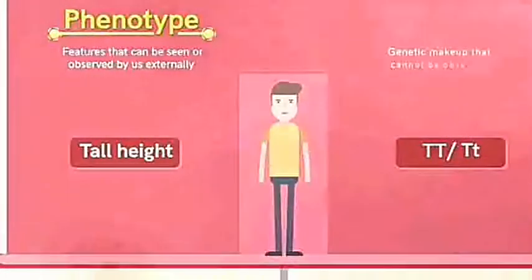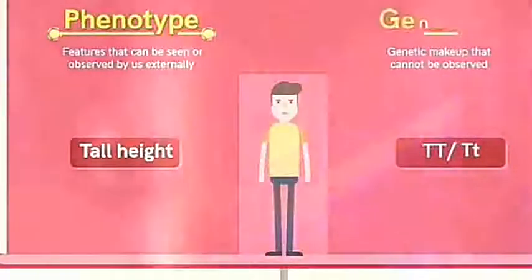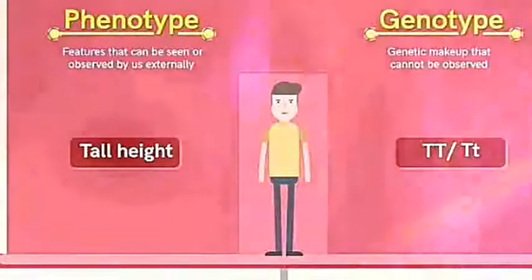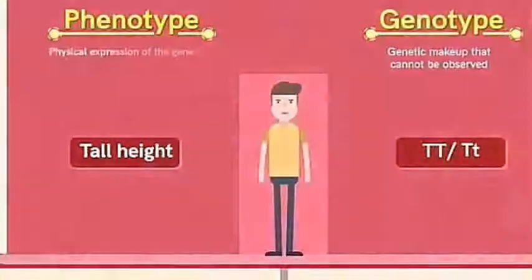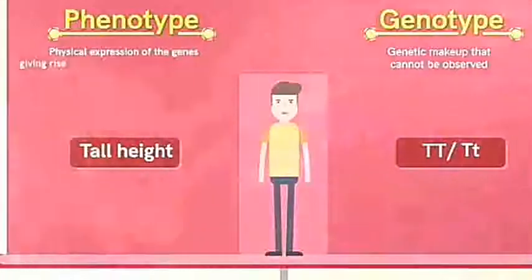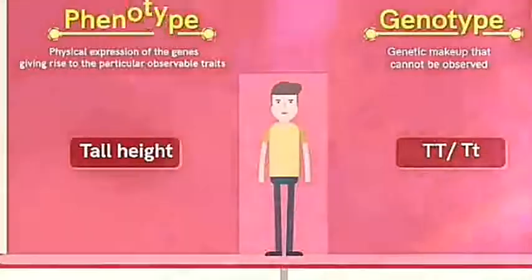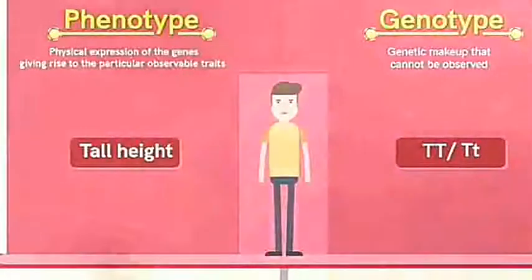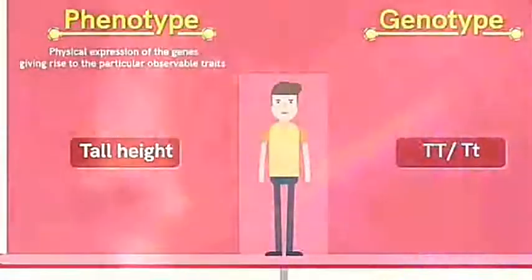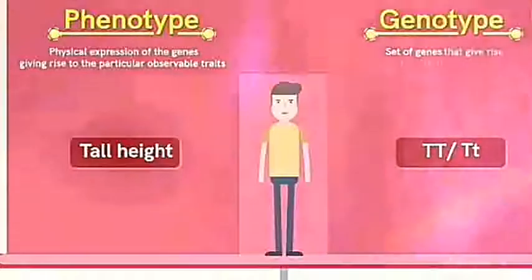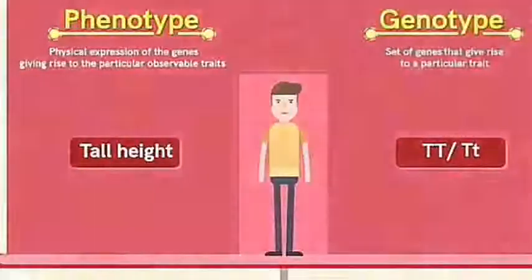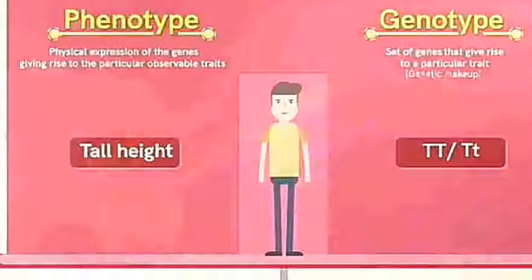Genotype, on the other hand, means genetic makeup that cannot be observed. So physical expression of the gene giving rise to that particular observable trait is called phenotype, while the genetic makeup that cannot be observed is called genotype. So it is the set of genes that give rise to a particular trait.